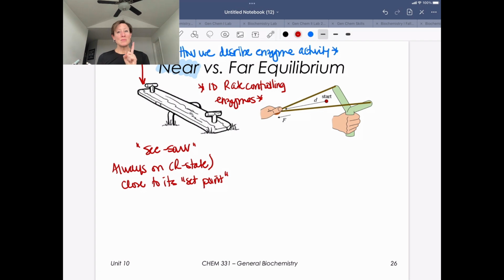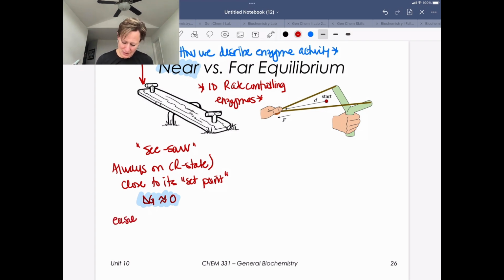And what that means from a thermodynamic standpoint is that it has a delta G that's close to 0. So this is one of the pieces I want you to know. Near equilibrium enzymes have delta Gs that are close to 0. And what this means is that they are easily reversible by changing metabolite concentrations.